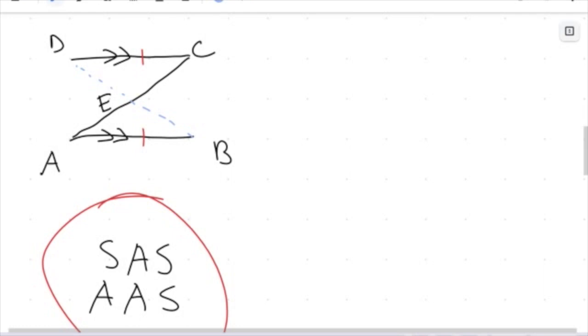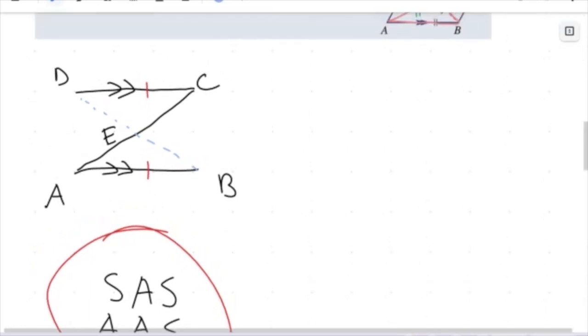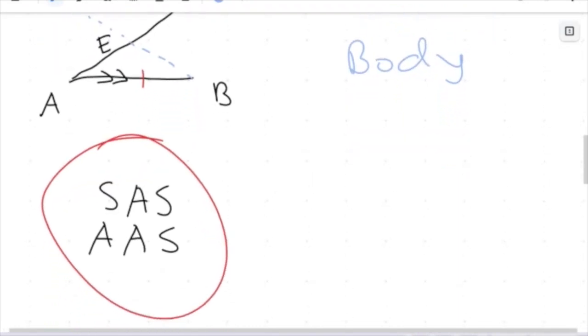Now, how we're going to do this for congruence is we're going to split up our proof into 3 sections. We're going to have an introduction, a body, so a section where we have our key ideas, and then a conclusion.